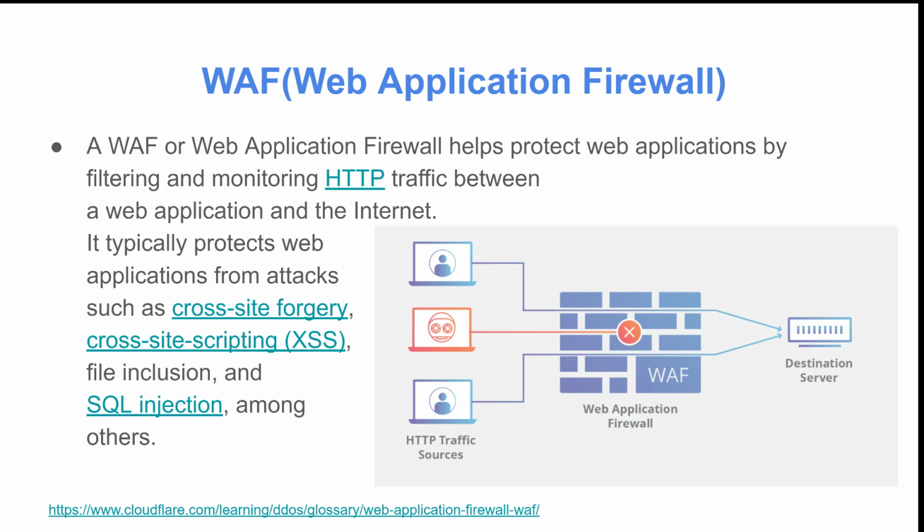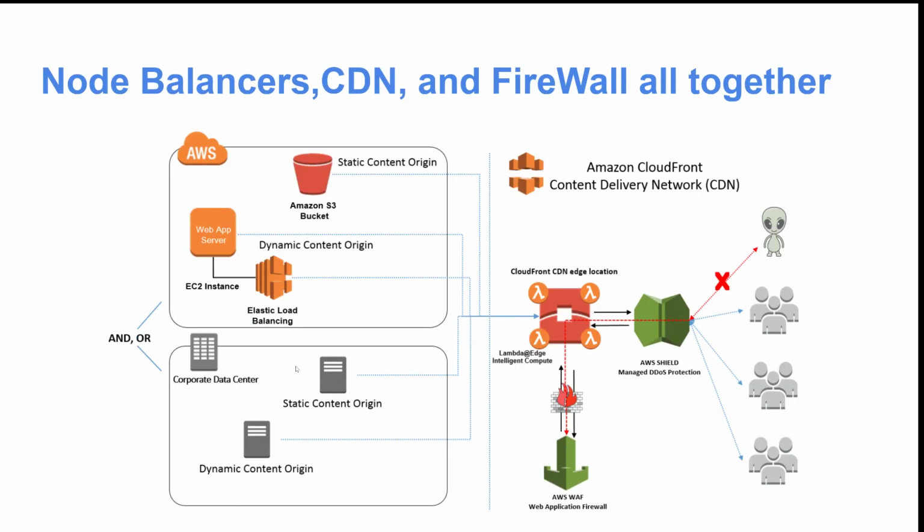Now, let's look at everything together. I got this picture from AWS. AWS is the division of Amazon that provides hosting or web application services, and as you see here, everything that we talked about we can see in this picture.